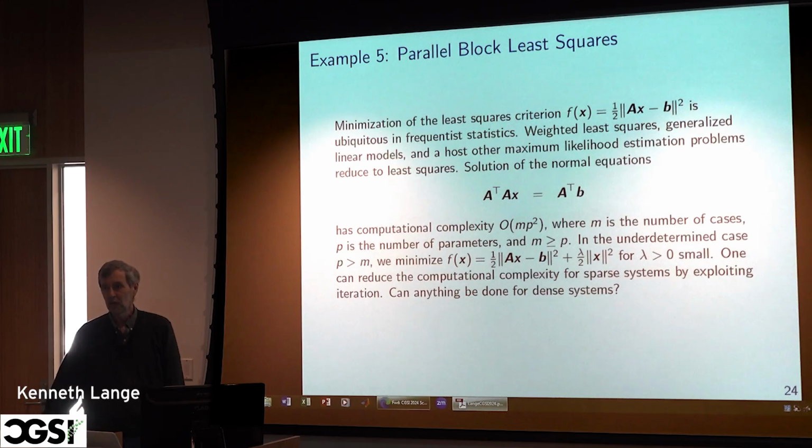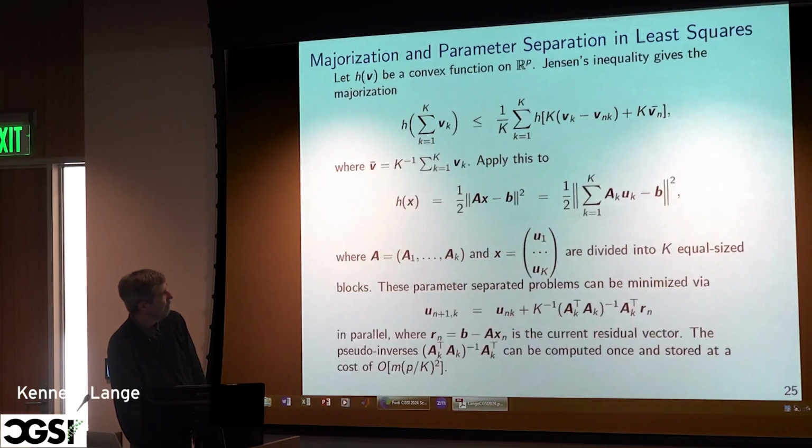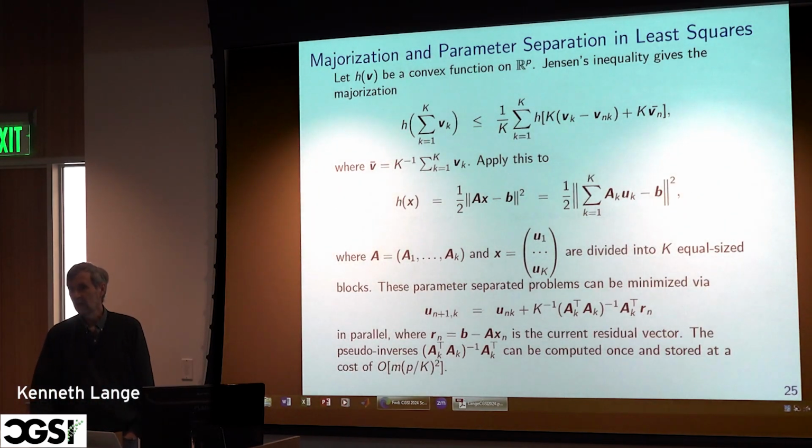So for very large systems, which we're encountering nowadays, the rate limiting step is often solving these least squares problems, dealing with the linear algebra. Now I want to show you how you can attack this using GPUs.